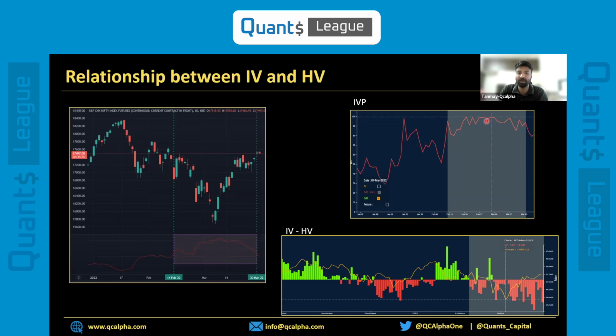Why you wouldn't have made money is, if you look at the bottom chart, what is that? It is the relationship between your implied volatility minus your historical volatility. You can see clearly that your implieds, though higher, your historical or realized walls were trading much higher.